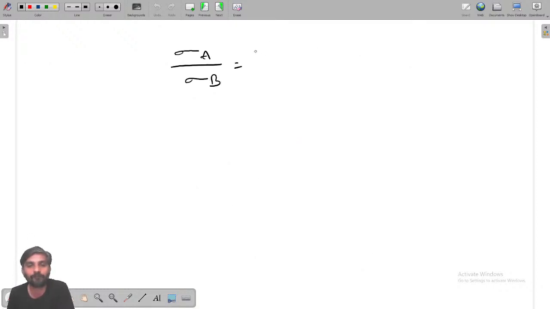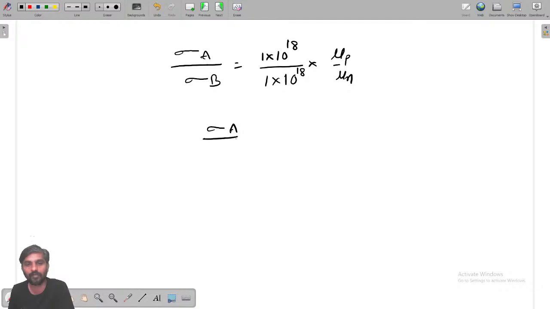This is going to be 1 into 10 to the power of 18 by 1 into 10 to the power of 18 into mu P by mu N. So it will get cancelled, and sigma A by sigma B is equal to mu P by mu N.